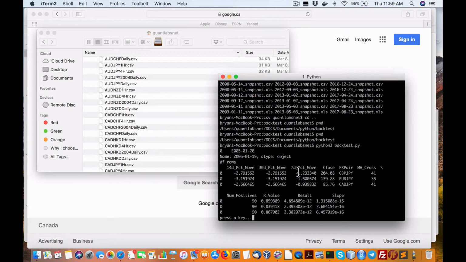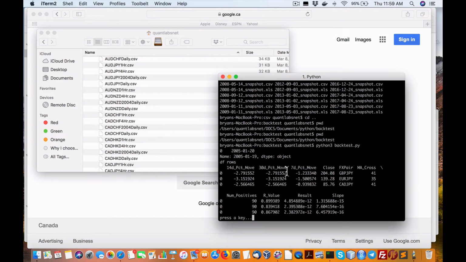If we had held on to a position for 1 week, we would have lost, in this case, negative 1.23%. If we held on to it for 14 days, we would have lost 2.79%. And if we hung on to 30 days, we would have lost 2.79%.